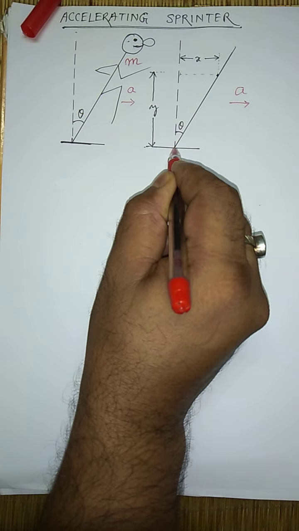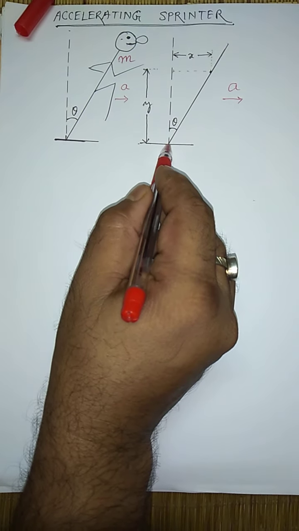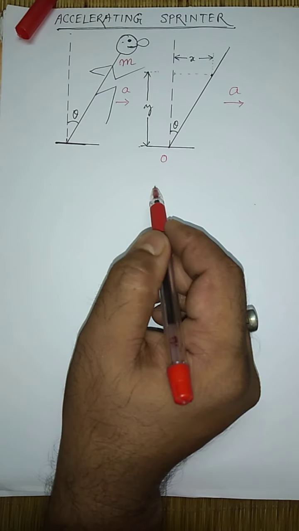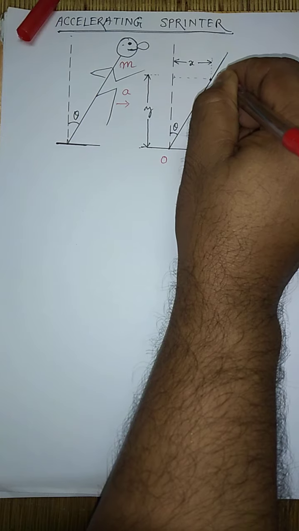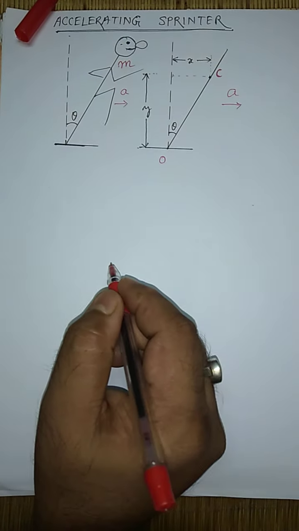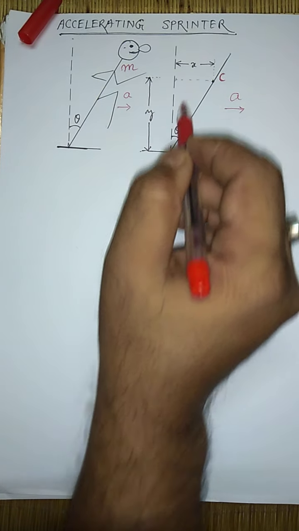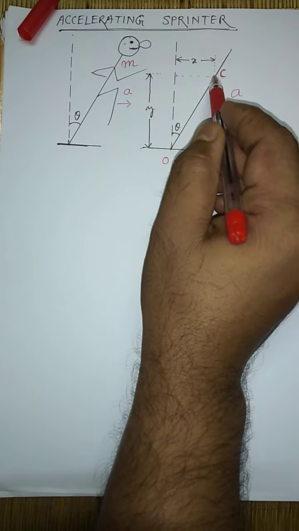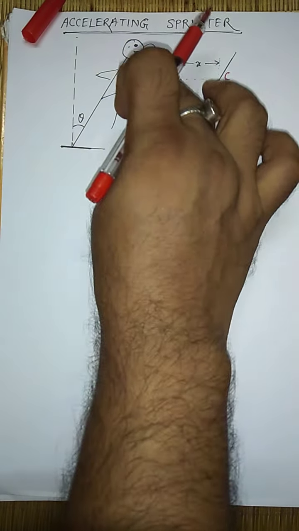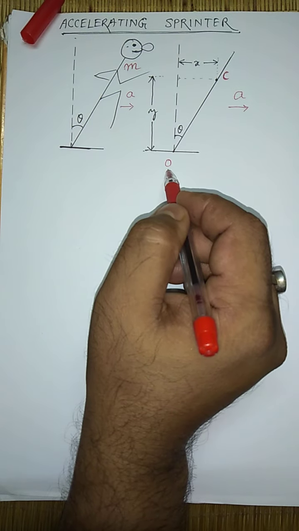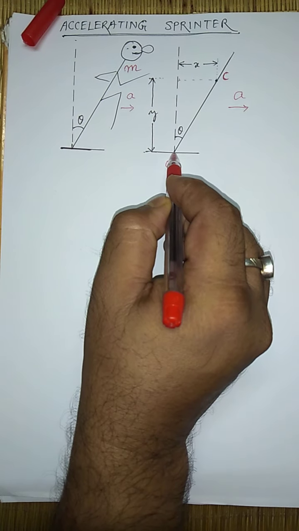This is the point of contact between the grounded foot of the sprinter and the ground. This is the center of mass C of the sprinter. X is the horizontal distance of the center of mass of the sprinter from the point of contact, and Y is the vertical distance of the center of mass of the sprinter from the point of contact.